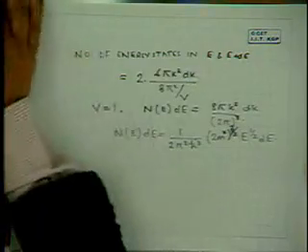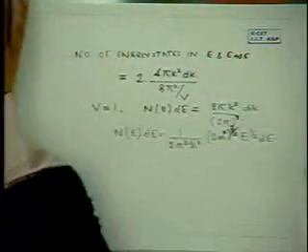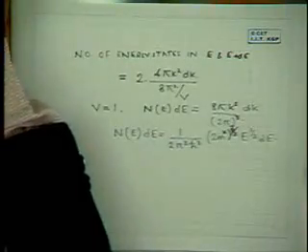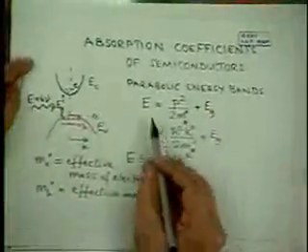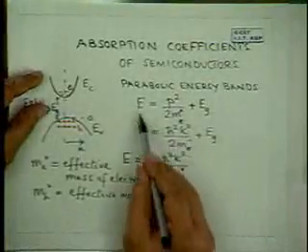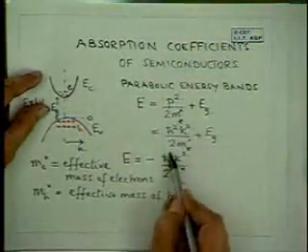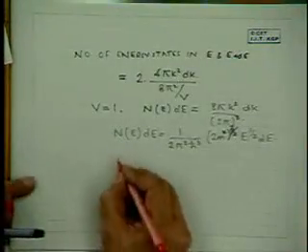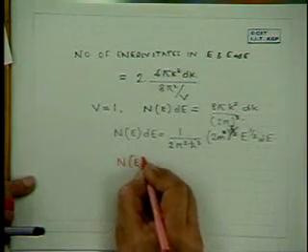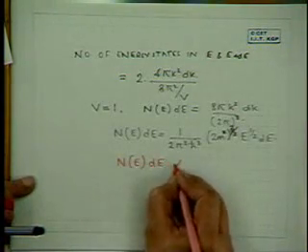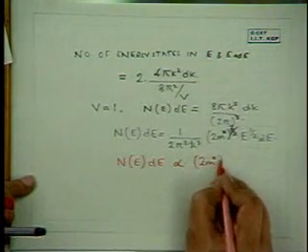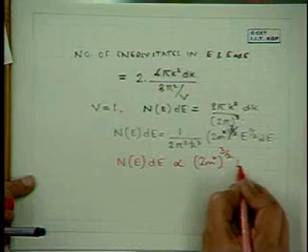Here we have used the relation between E and k, E is equal to h cross squared k squared by twice m e star. So we come to a very important relation. The density of states N(E) dE is proportional to twice m star to the power 3 by 2, E to the power half.